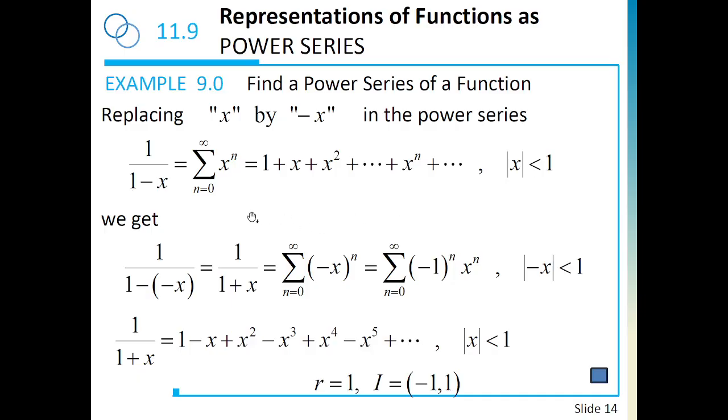So now in order to get 1 divided by 1 plus x. So 1 plus x is 1 minus minus x. So now essentially what I'm doing is I'm replacing in this series x by minus x, and then I'm getting what I need. So I replace x by minus x here, this is what I get. And then if I replace x by minus x in this case, I'll have minus x to power n. So this is minus 1 to power n times x to power n.